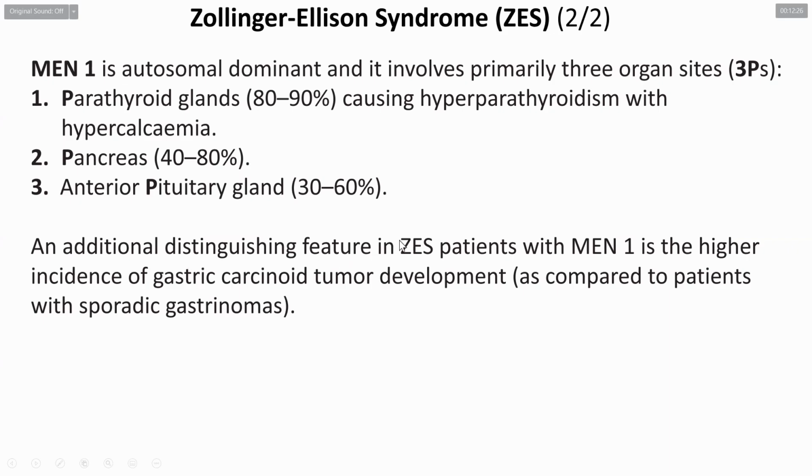So what else distinguishes Zollinger-Ellison from MEN 1? The higher incidence of a rare gastric tumor called carcinoid, okay? Carcinoid syndromes come with MEN 1, whereas patients with sporadic gastrinomas don't have carcinoid tumors.